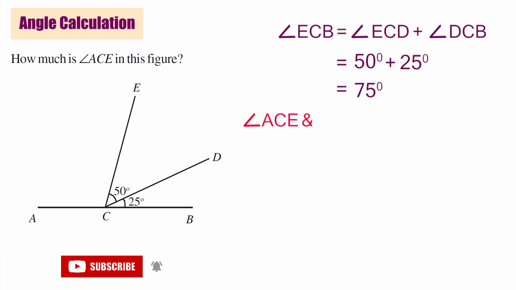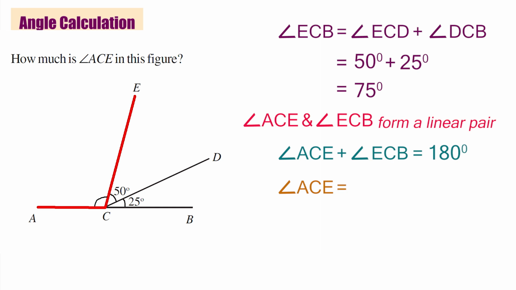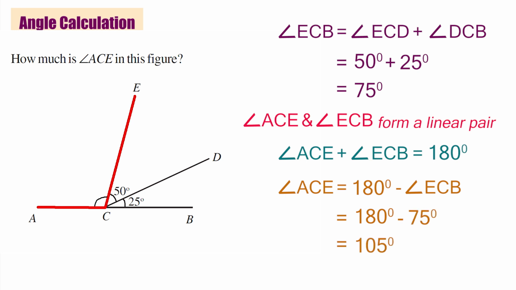Angle ACE and angle ECB form a linear pair. Therefore, angle ACE plus angle ECB is equal to 180 degrees. Angle ACE is equal to 180 minus angle ECB. 180 minus 75 is equal to 105 degrees.